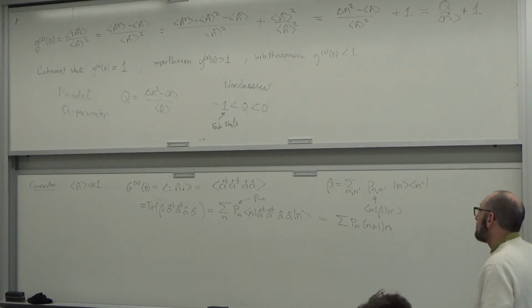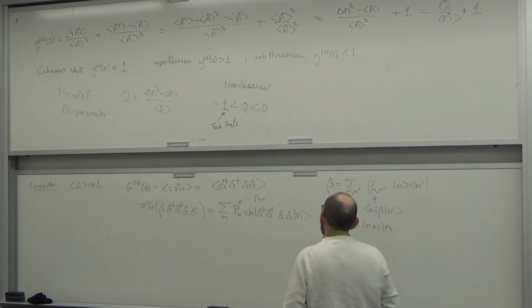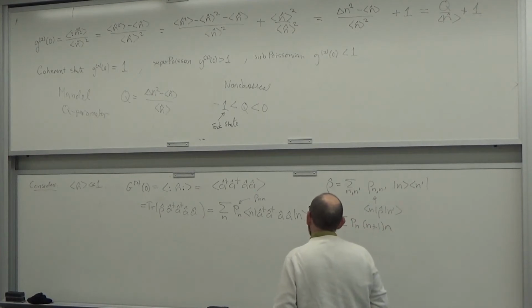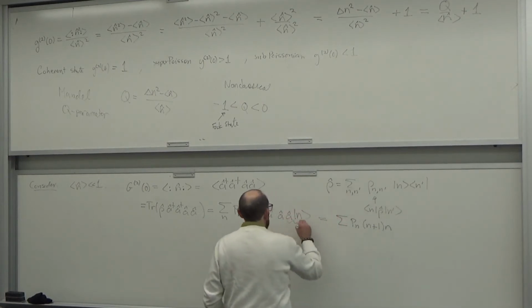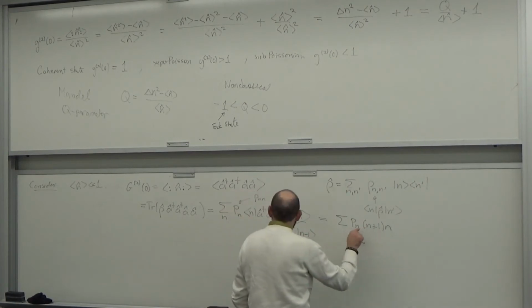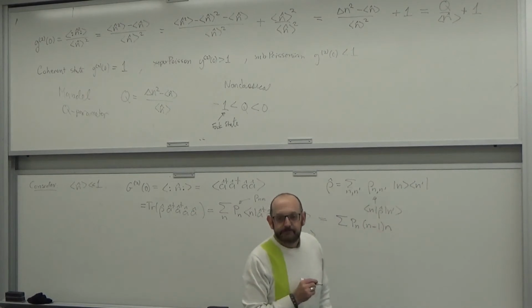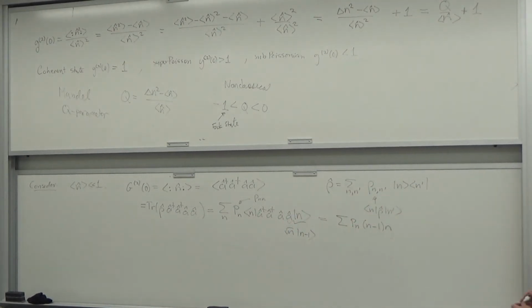Sorry? Should be n minus 1. Acting on n lowers the state, then acting again on n should be n minus 1. Yes. So this will be equal to the square root of n minus 1. Oh, you're saying, and then I act it again and I get n minus 1. Right. Okay. Very good.